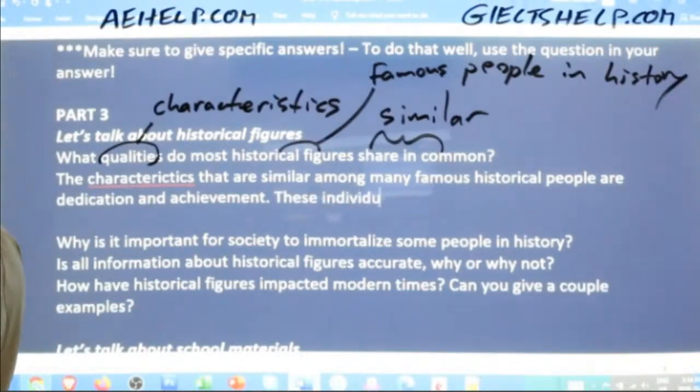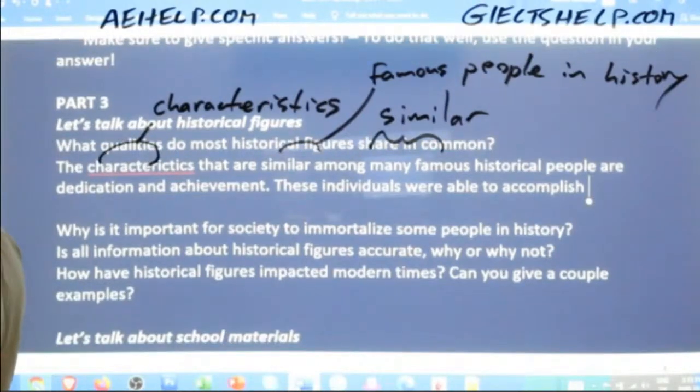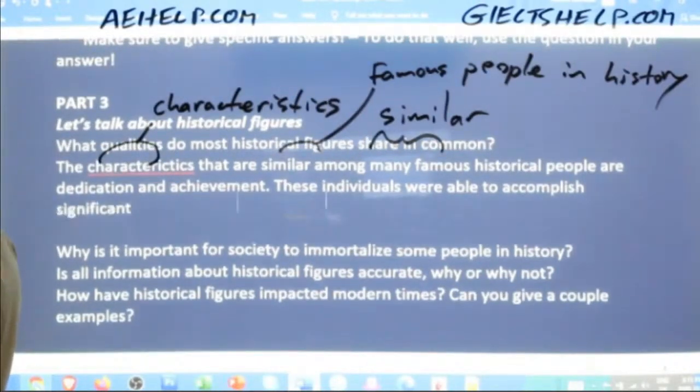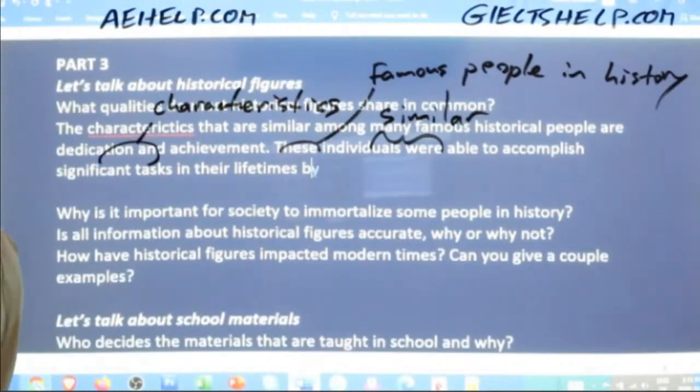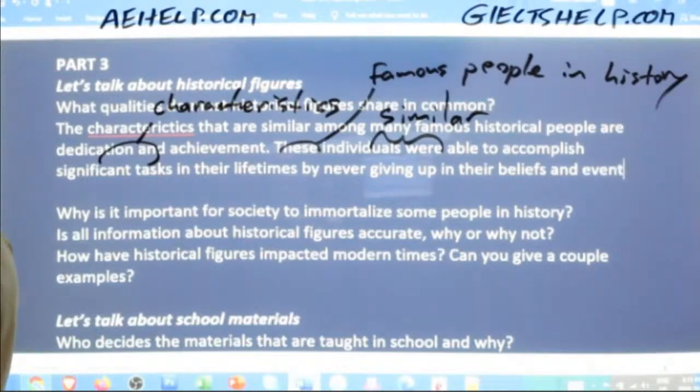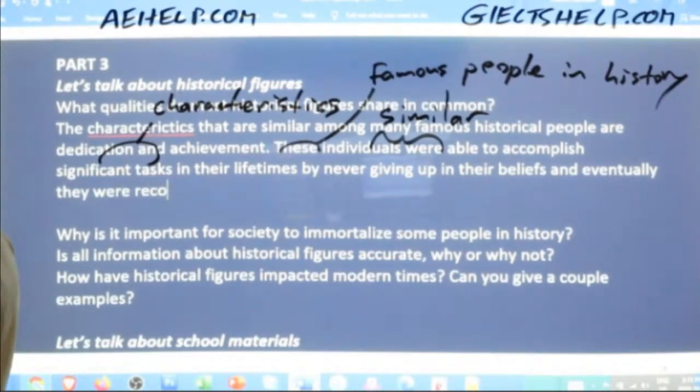These individuals were able to accomplish significant tasks in their lifetimes by never giving up in their beliefs, and eventually they were recognized by many people across time.